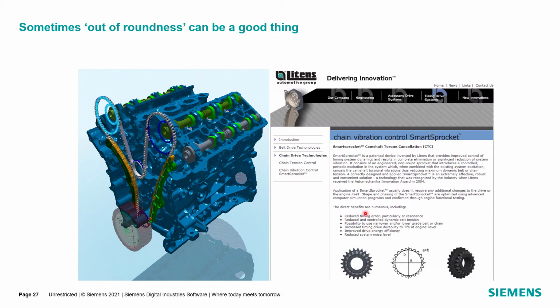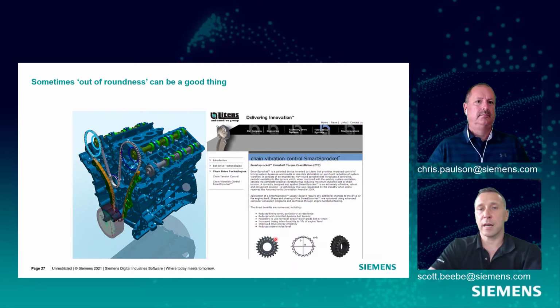If you look here, the direct benefits include reduced timing error, reduced and controlled dynamic belt tension, improved drive energy, and noise level. So there's actually some improvements that come with this oblong gear. And believe it or not, I recently learned that when you get a bicycle, they're actually selling the main crank now as an oblong crank.